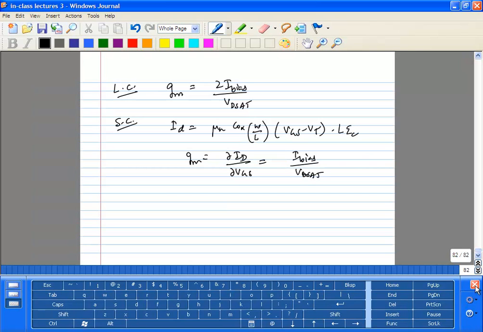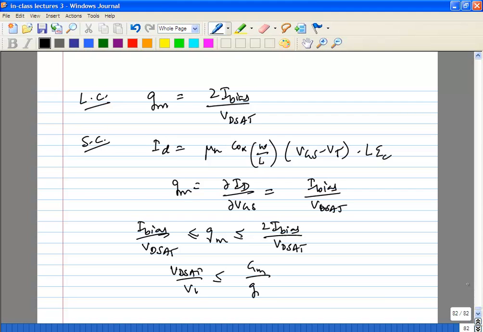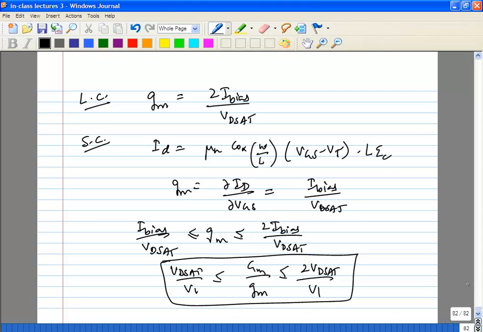So we know that the GM is going to lie somewhere in between these two extremes. So this is the expression for the ratio of the two GMs, the large signal to the small signal GM.